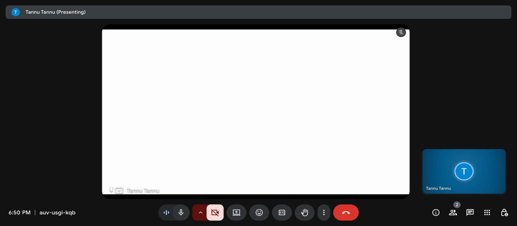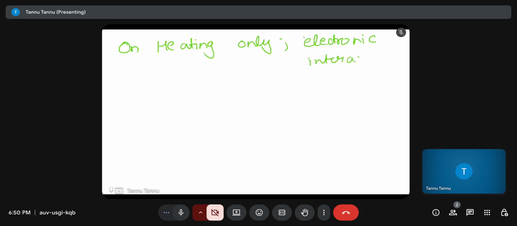And only on heating, this electronic interaction happens and exchange, or you can say intervalence charge transfer takes place.